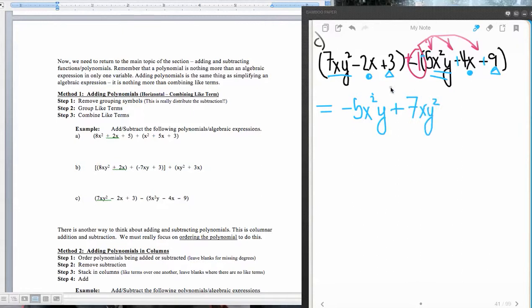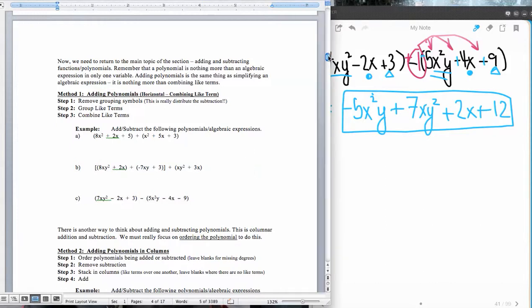And then the next one, we have -2x and positive 4x, so we have a positive 2x now. And finally, we have a 3 plus a 9, which gives me a 12. And now I have combined the like terms. I've simplified that algebraic expression, or the fancy new term for it, I've added the polynomials.